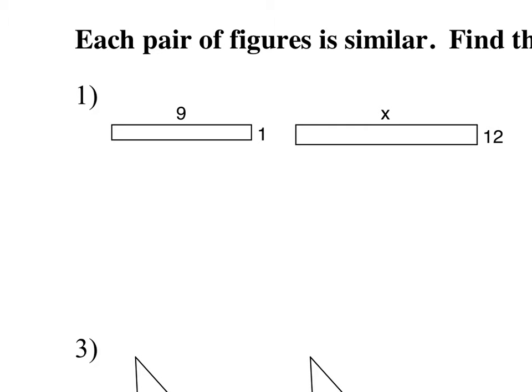The 1's on the bottom, so I'm going to put the 12 on the bottom. Okay? So let me look at that one more time. Nine over 1, x over 12.